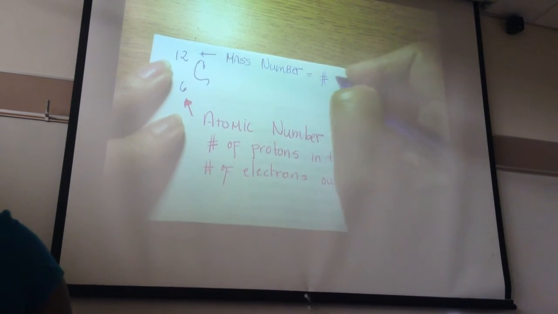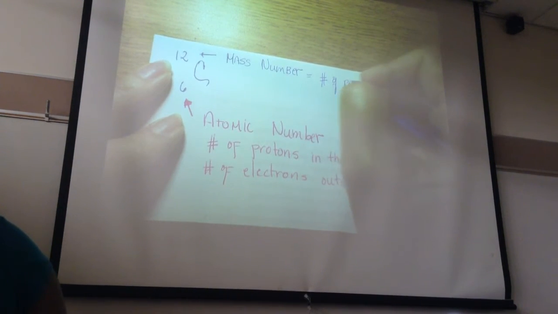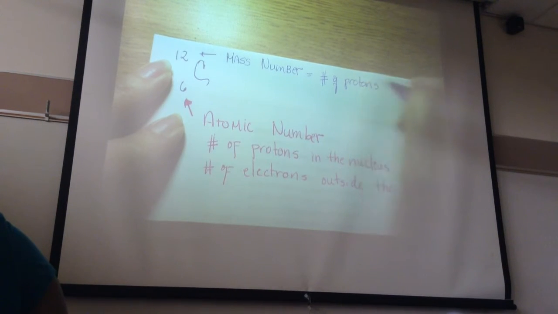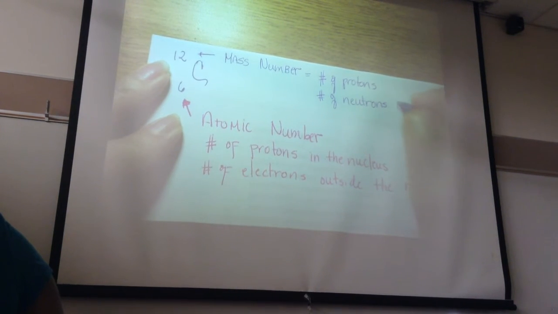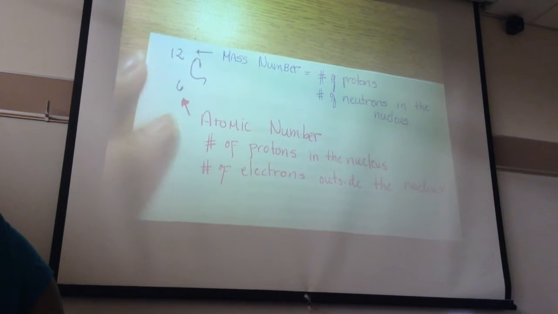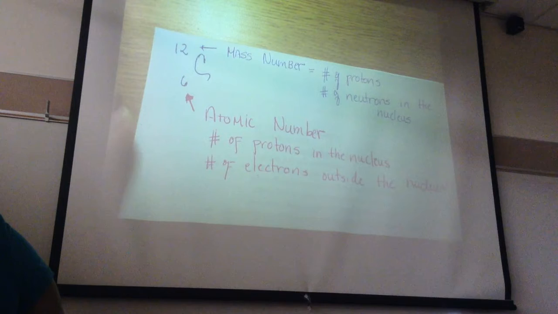Number of protons, a number of neutrons. This is all in the nucleus. This is kind of like the mass of the atom. Right, so that's the mass of the atom. All right, carbon is one of the most prolific of the periodic table.